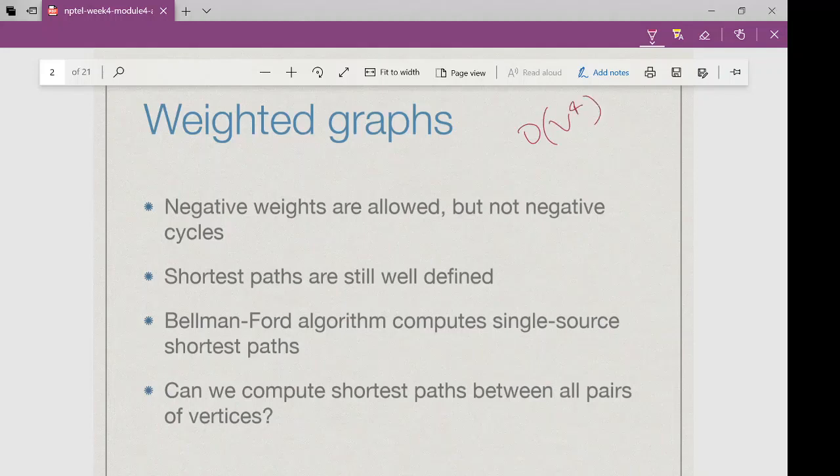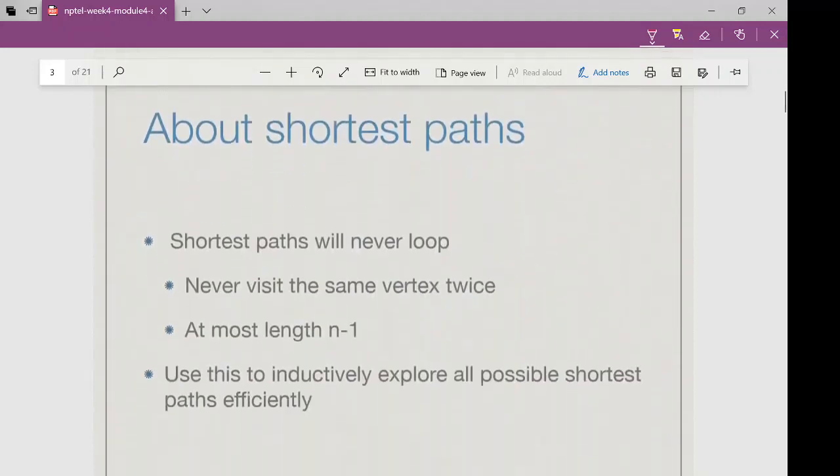The complexity of this is actually V square times E, and if the graph is dense, then E is order of V square. So in the worst case the complexity could be this. Let's see how we can do it better.